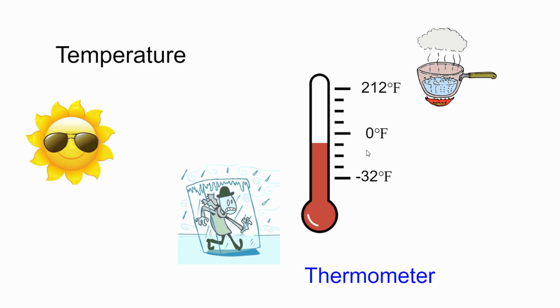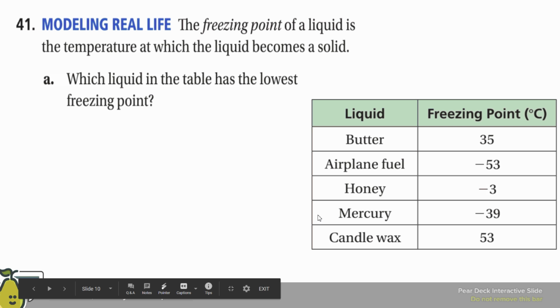And down here, 32 degrees Fahrenheit, that's this guy down here, he's freezing cold, so that's the freezing point of water. So the rain is freezing into icicle drops. So we're going to talk about temperature now and how that relates to integers.